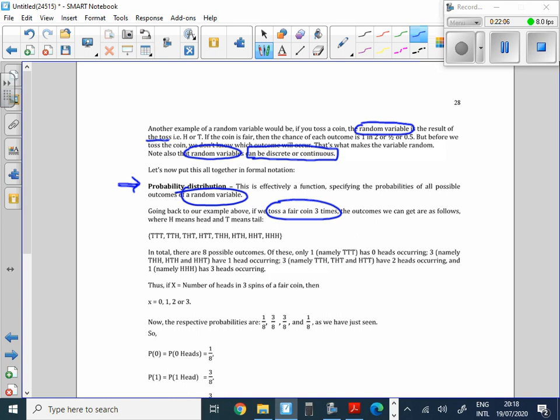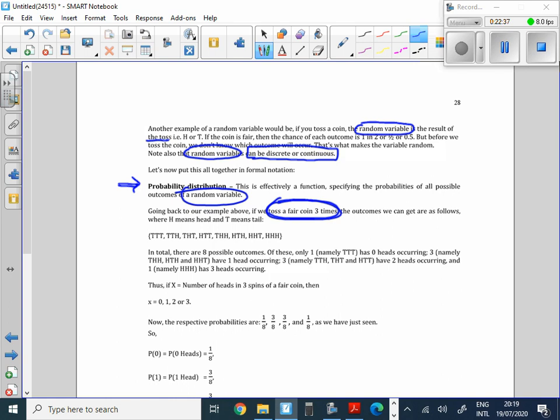Every time that I toss the coin, it can be a head or a tail. It's very important that we look up here that we're going to toss the coin 3 times. Obviously the more times I toss it, the more possible outcomes I've got. But if I'm only going to toss it 3 times, what are my outcomes?